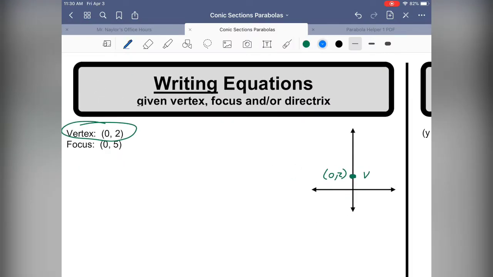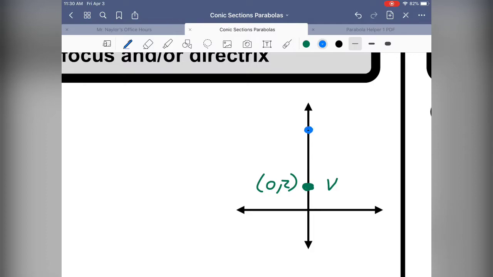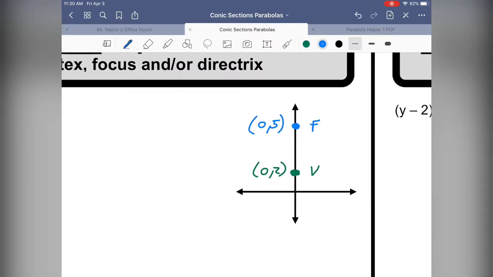But compared to the focus given to you at (0, 5), as soon as you start to sketch these things, you really start to see all kinds of things that are true about this parabola. I mean, one thing that is true is that that would cause the directrix to have to be down here.